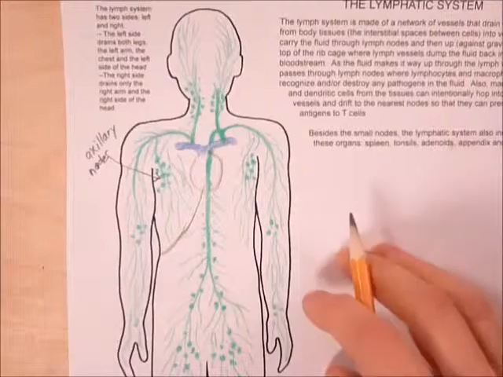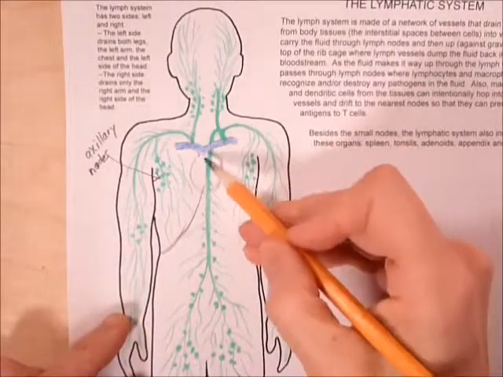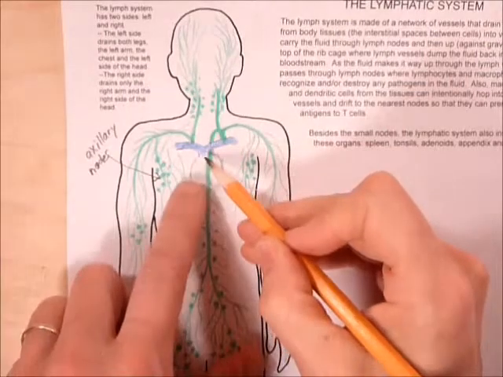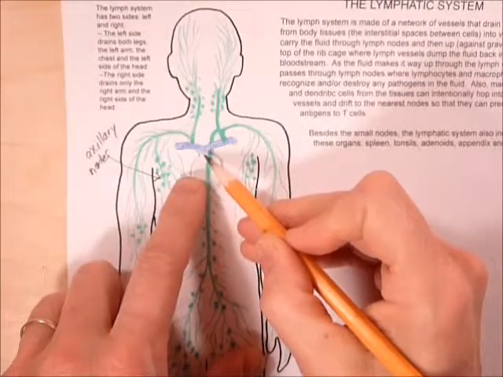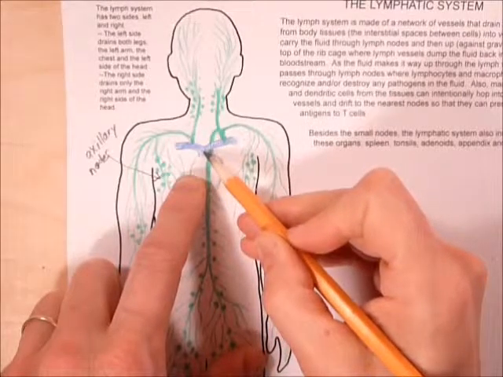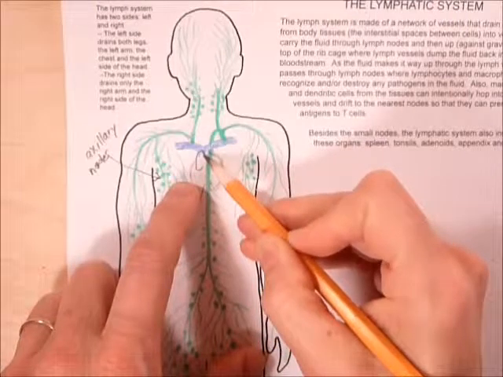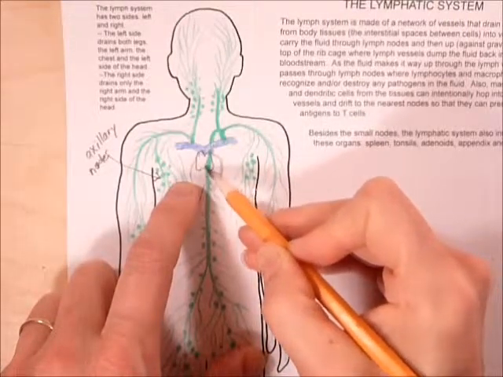We've talked about this one a lot, the thymus. The thymus is where T cells go to mature, and the thymus is right about on top of your heart. Now, it would be something like this size.